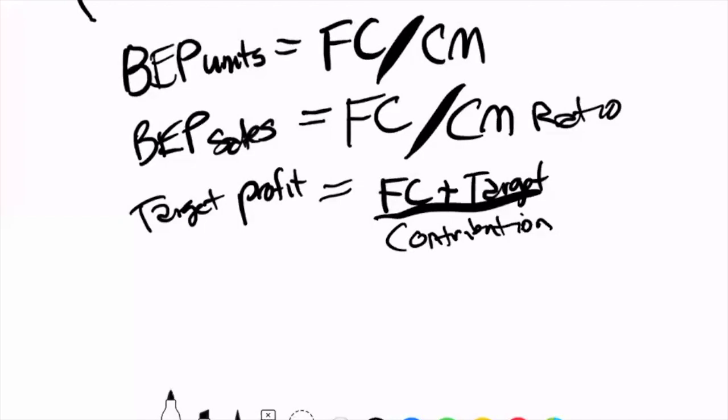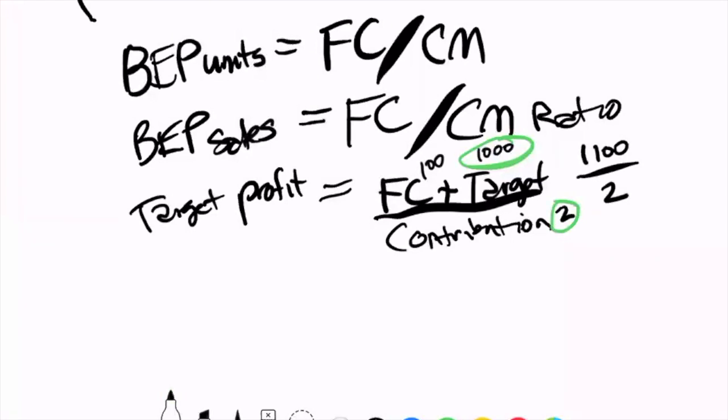If we say that our fixed costs are $100, we want to make a target profit of 1,000, and our contribution margin per item is $2, then essentially to understand what we need to do to make that profit of $1,000 is we need to add 1,100 together, and then we need to divide it by our contribution margin of 2.